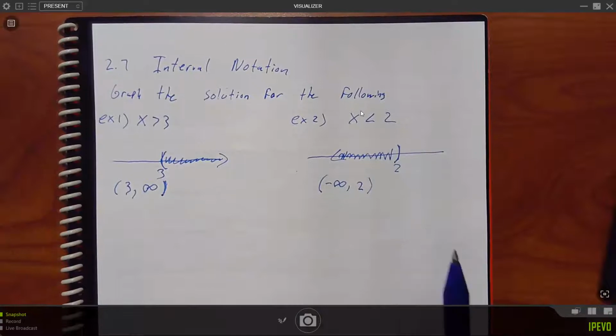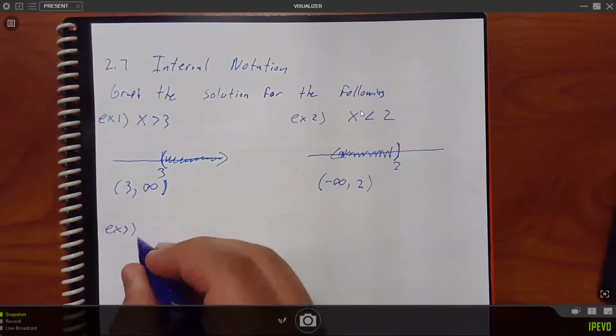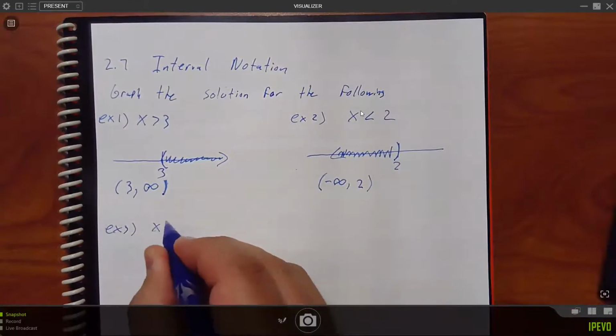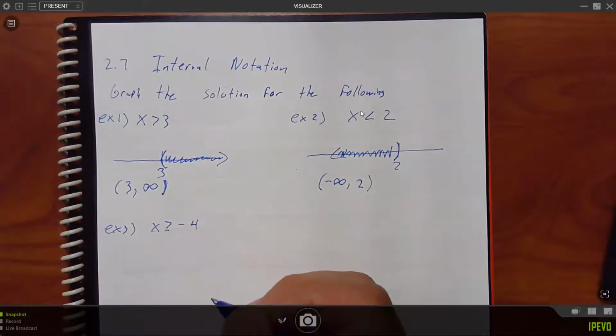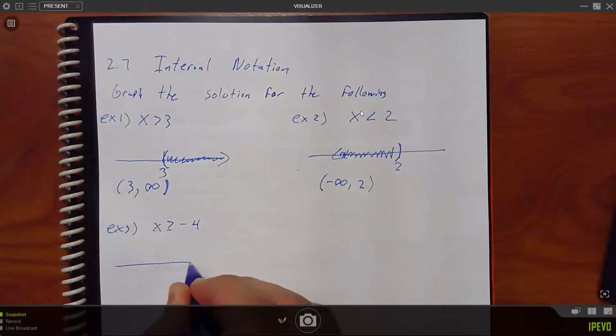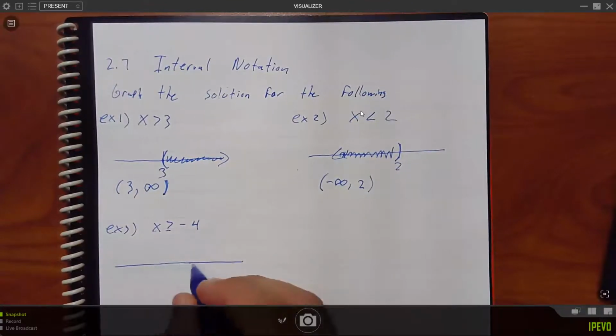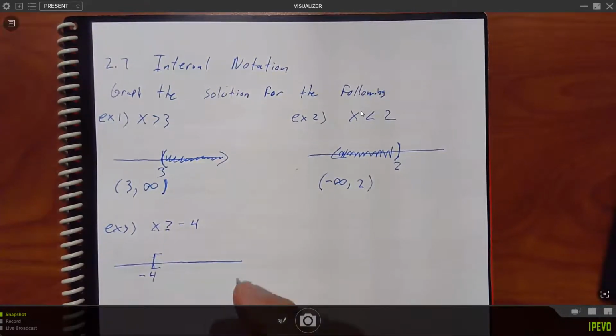Okay. Let's do a couple of these. x is greater than or equal to -4. So this time it's equal to. So I'm putting -4 right there. So a bracket, because it's equal to.